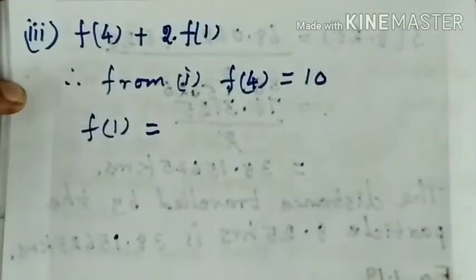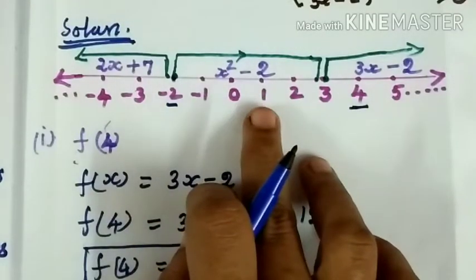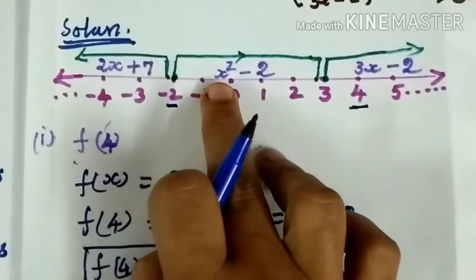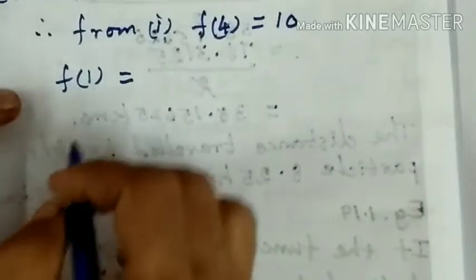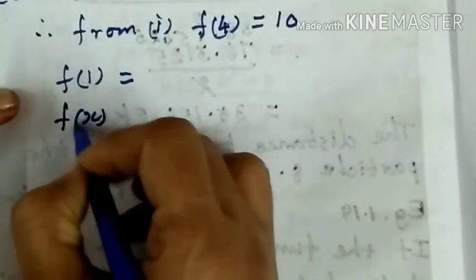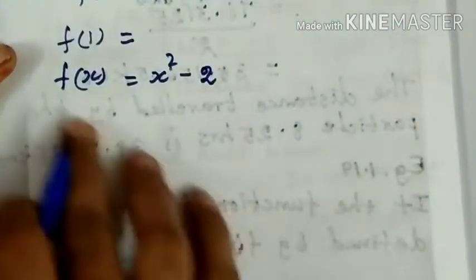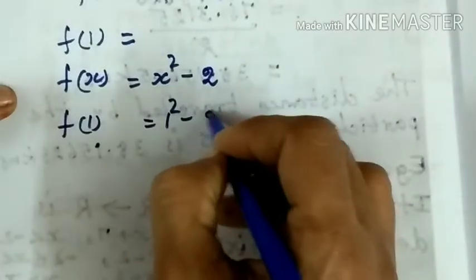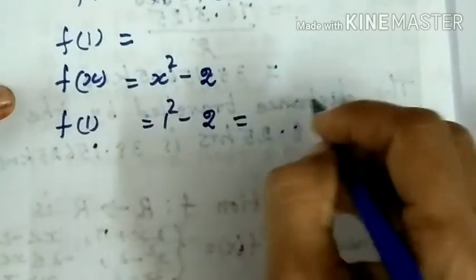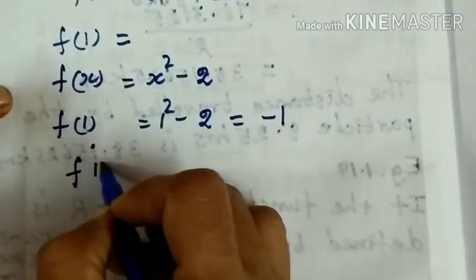See the number line, function 1 is defined as x squared minus 2. Replacing x with 1, we get 1 squared minus 2, which is equal to minus 1. Therefore, the value of f of 1 equal to minus 1.